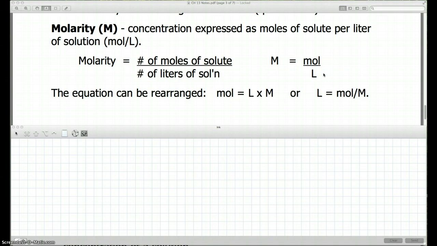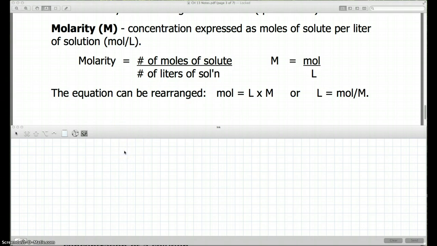Since I had grams, I had to convert grams into moles so that I could use the molarity equation. Another possible way to switch it up is instead of giving you liters, I could give you milliliters. So I'm going to do a little bit different question here.